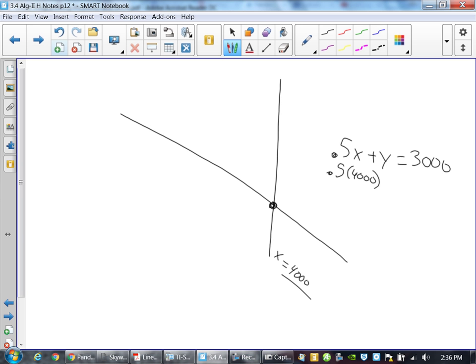What's half of 4,000? 2,000 plus what is 3,000? That's all I did. And I do the exact same thing going here, where it was 0.5 of something plus 2,000. Move the 2,000 over. What's 3,000 subtract 2,000? 1,000. So half of what is 1,000? 2,000. So this ordered pair wound up at 2,000.